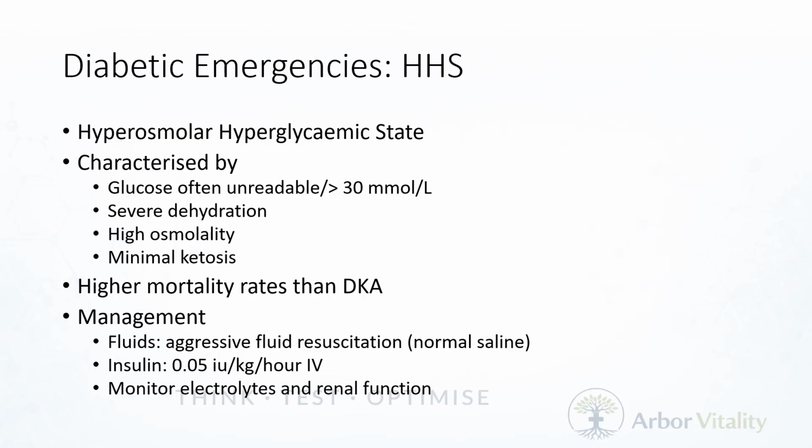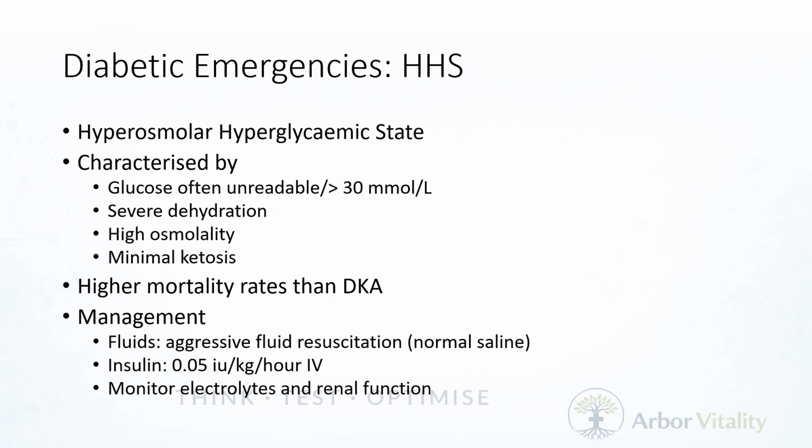Your other diabetic emergency is called HHS, hyperosmolar hyperglycemic state. It is a bit less common than DKA, but it has a higher mortality rate, usually because it is less common, so it is less managed effectively.